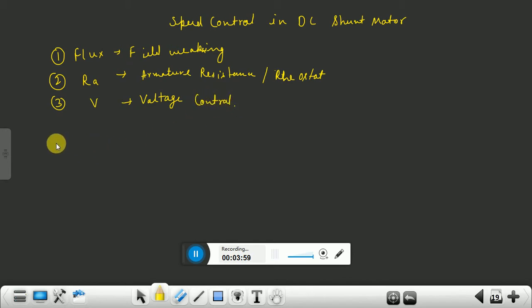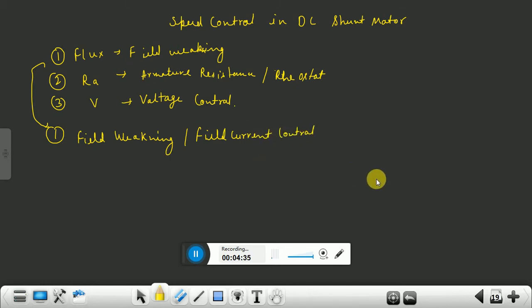Okay, so first, speed control of a DC shunt motor. First method is field weakening, or field current control.